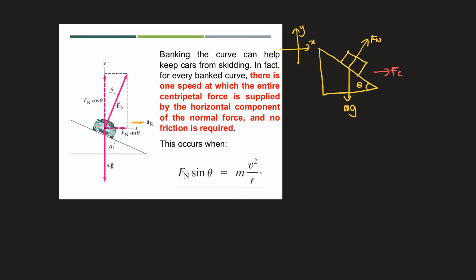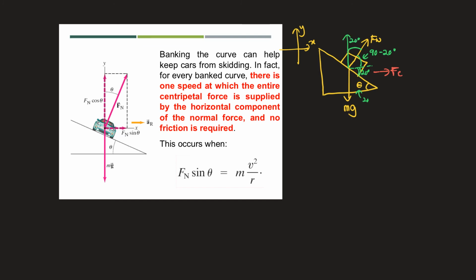For example, if your angle is 20 degrees, then this angle is also 20 degrees, and this one is 90 minus 20.